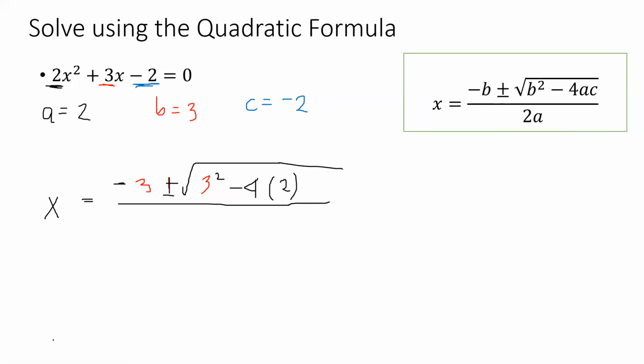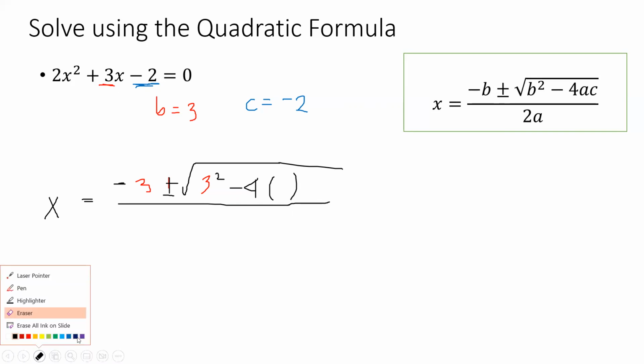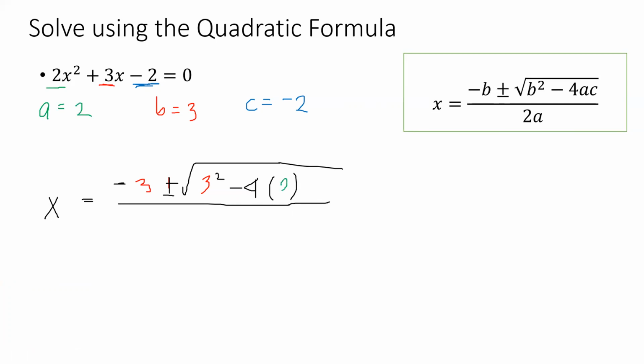Here is the value for a, let's use a different color so that we can see it. So a is equal to 2. So 4 times 2 times c, which is -2.